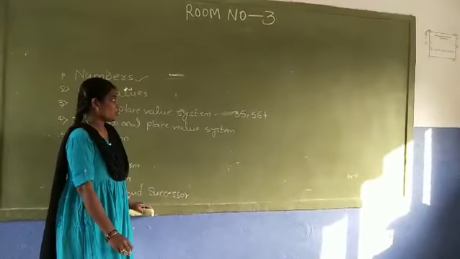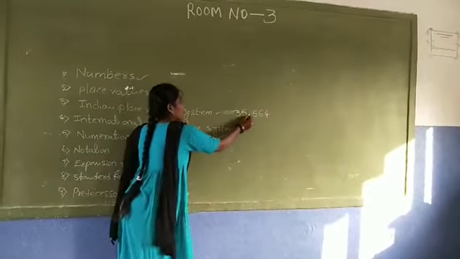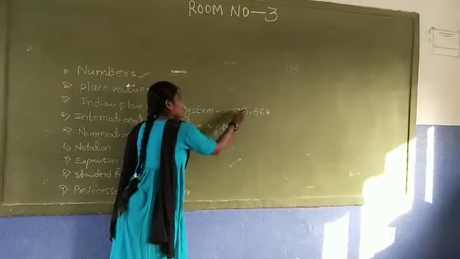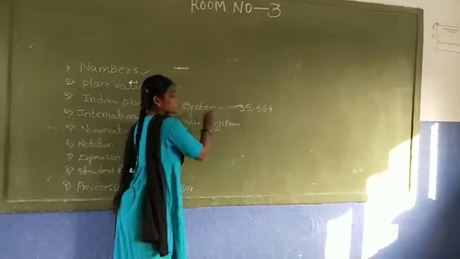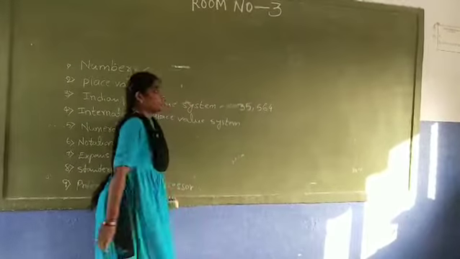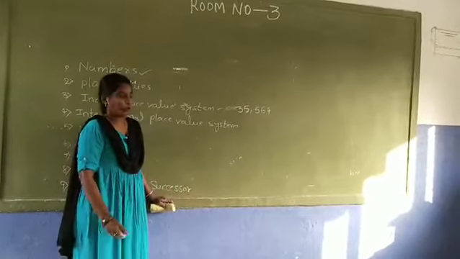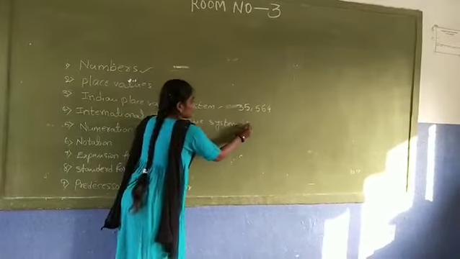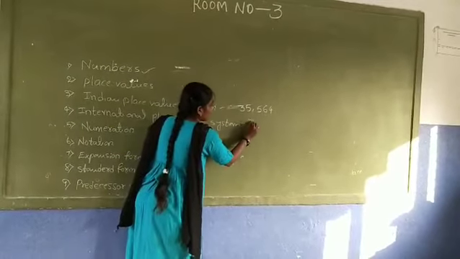In Indian place value system, we put a comma after the first 3 digits, and after that each 2 digits. It can be read like this, 35,564.